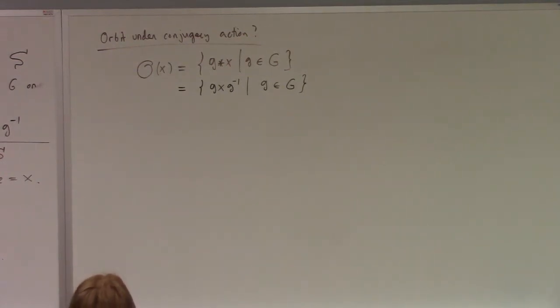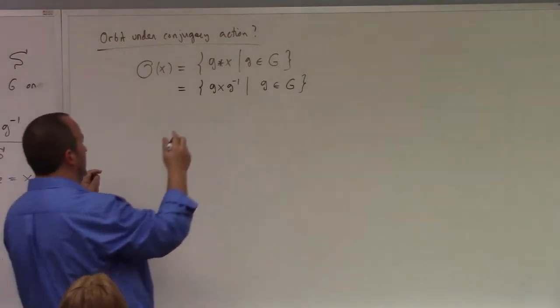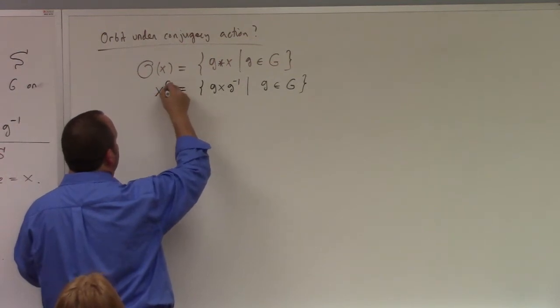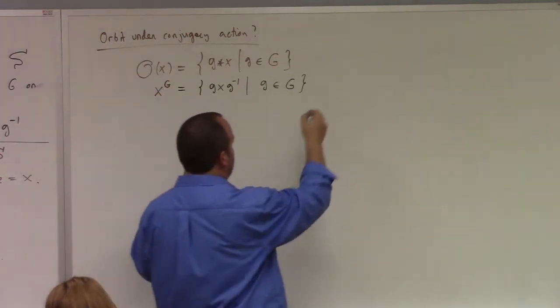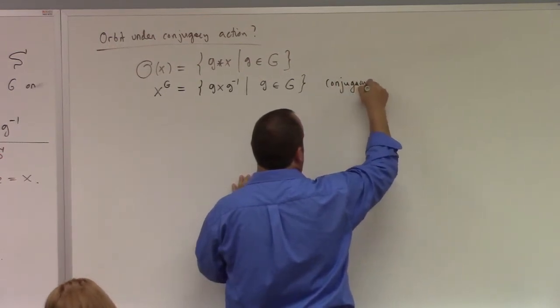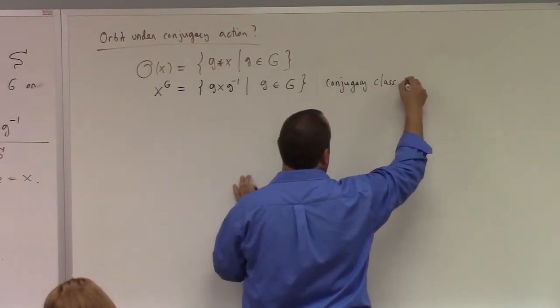This is the orbit under the conjugacy group action. And this is also known as the conjugacy class of X. There's a notation, this is also sometimes denoted X to the G. In this context, it's the conjugacy class of X.